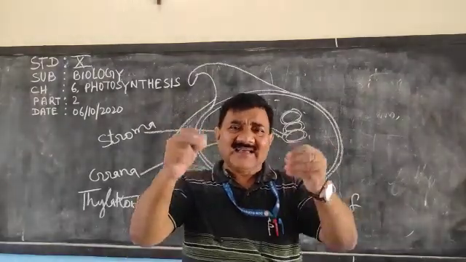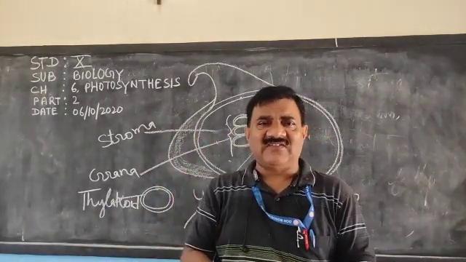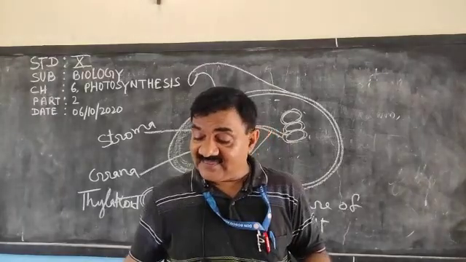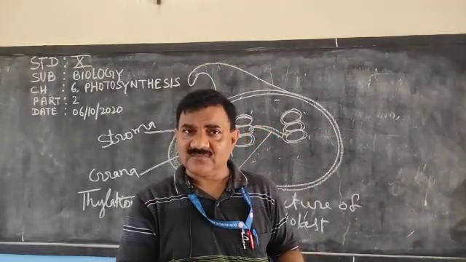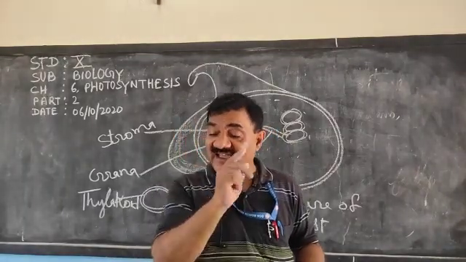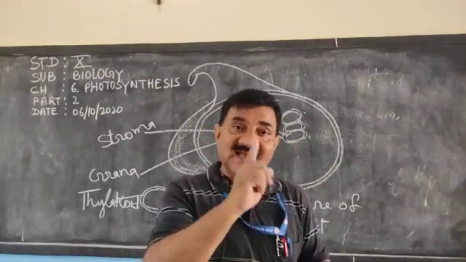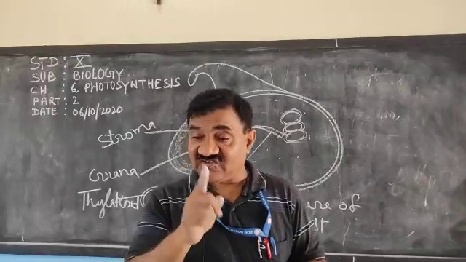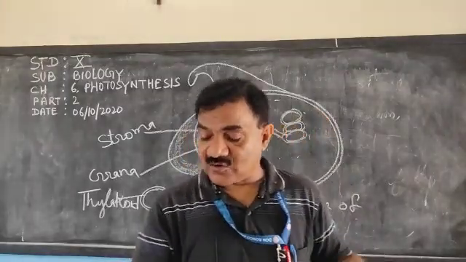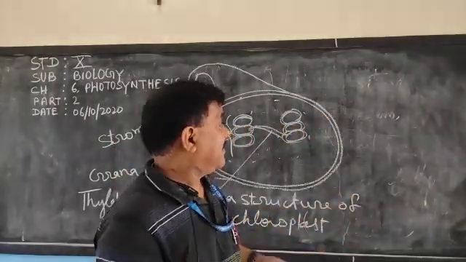Or in the green stem. Or in the guard cells also. Guard cells are present in the stomata, and there also chlorophyll is located.